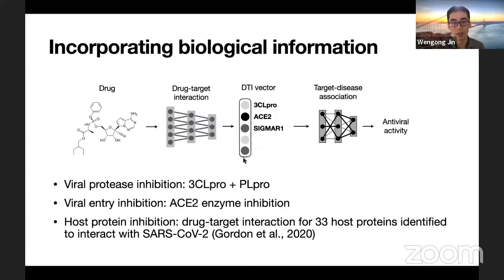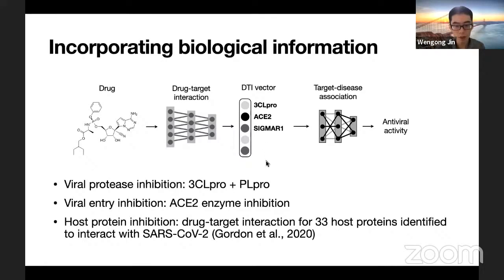It is a list of binary variables, each representing whether this drug inhibits or activates these biological targets. For example, the first entry could represent the 3CL protease, the second one could represent ACE2, and so on.